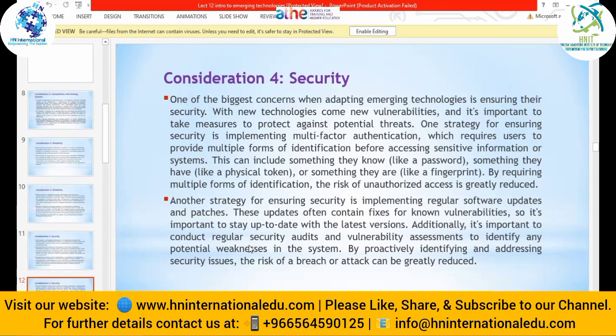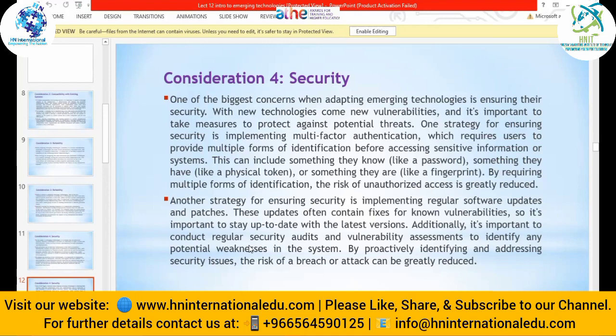Now, when we have new emerging technologies, we should first ensure that there are no vulnerabilities. And if there is a risk of any vulnerability, we should make our system more secure by adding more passwords or more authentication processes. The first simple way can be a password.